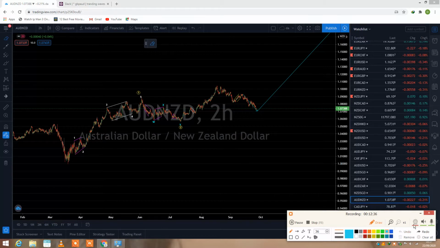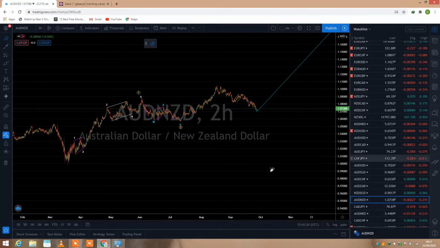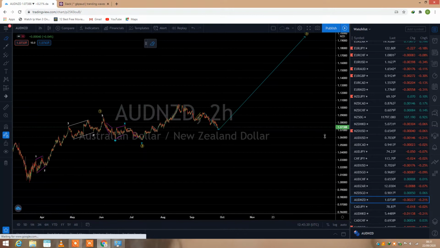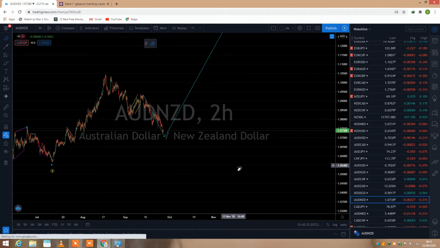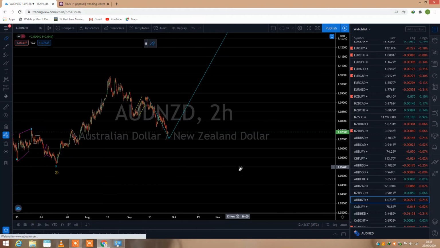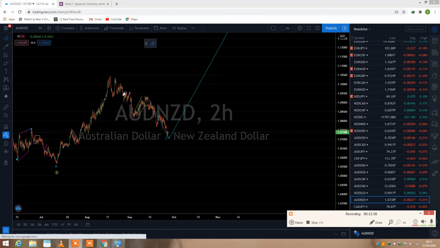What you should do here, I just want to show you this one. It's a very good trade to track. If you can understand how the structure develops, you can also identify it. All right, so on the US dollar, what I've seen for the first time, just try to do this here.